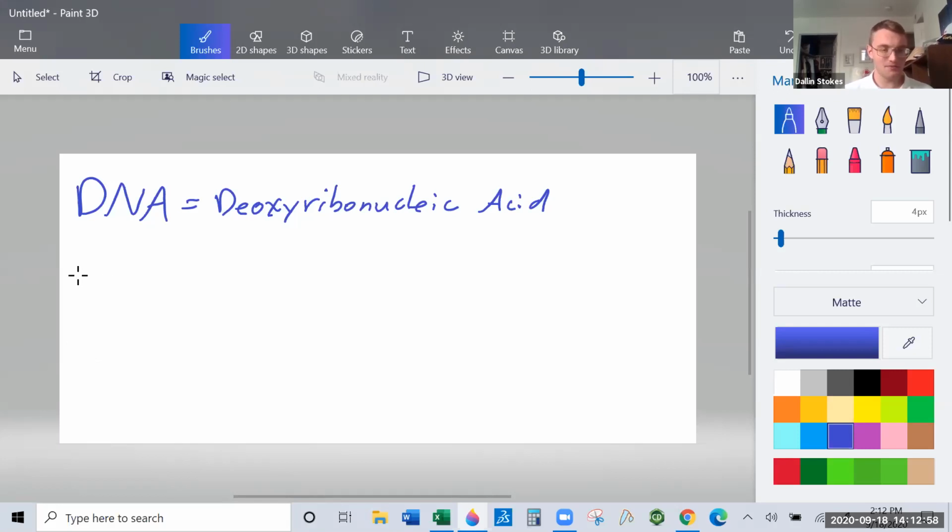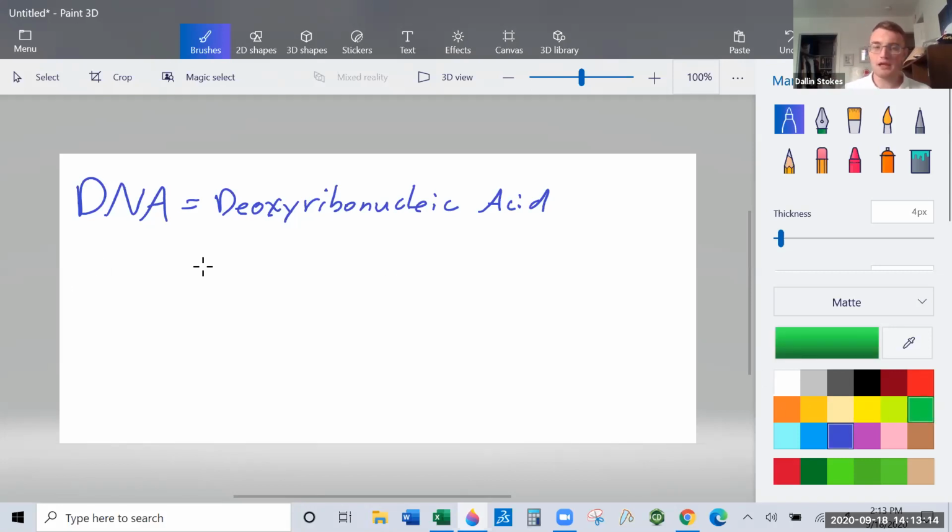In your cell, there are 3 different types of DNA. We call them regions, different areas of the DNA that do different jobs, that have different roles to make the whole system work.